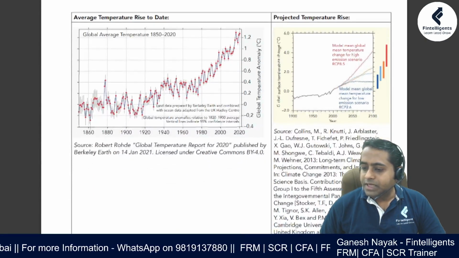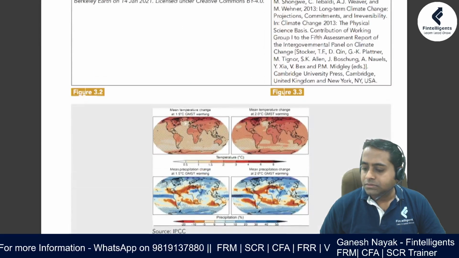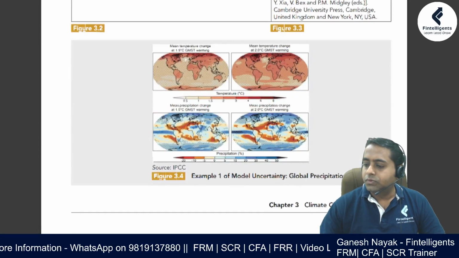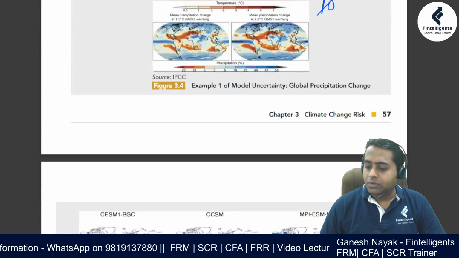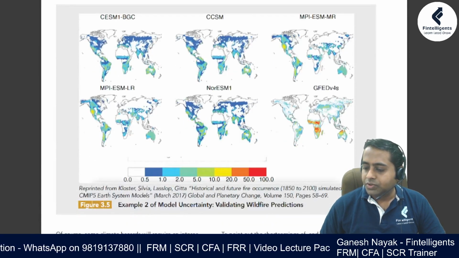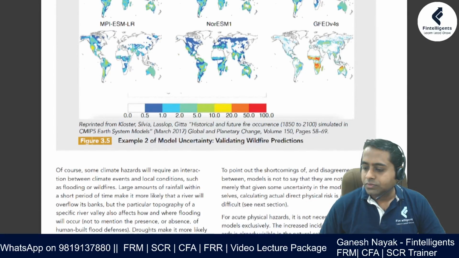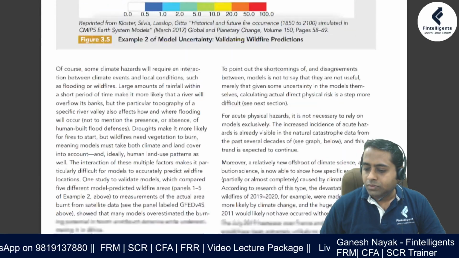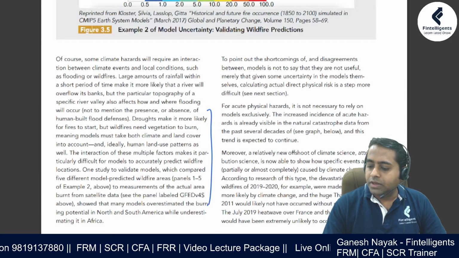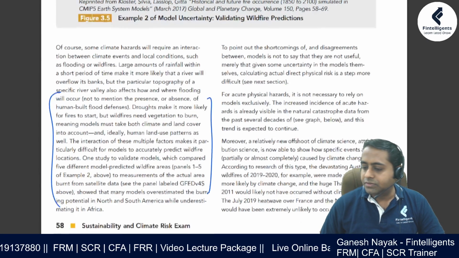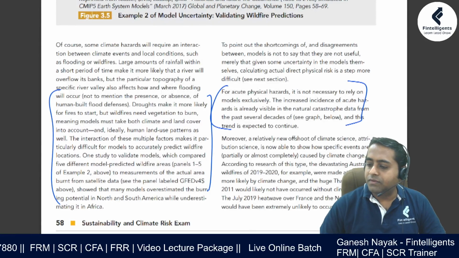Projected temperature rise. You can look at this diagram also. Global precipitation change. You should definitely read this entire section, this paragraph also.